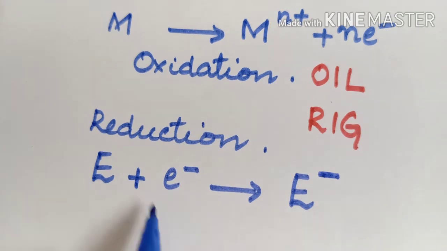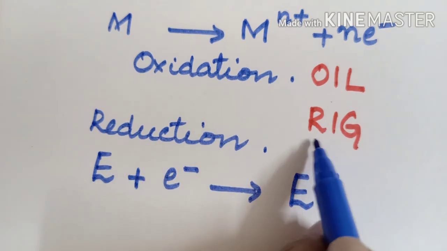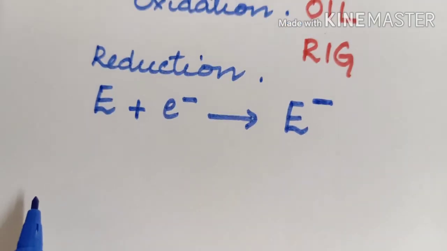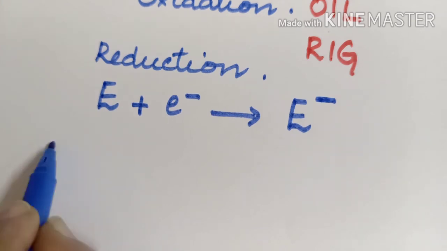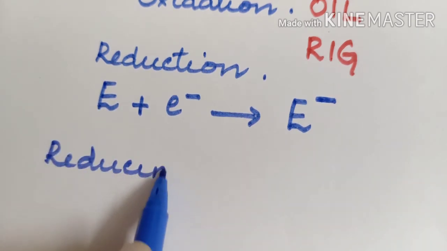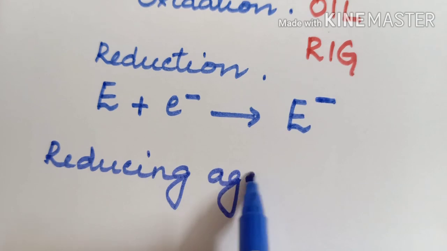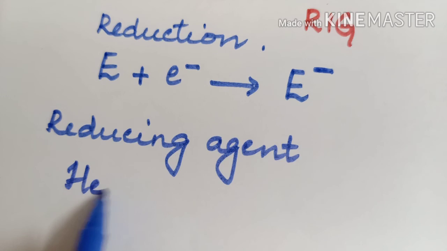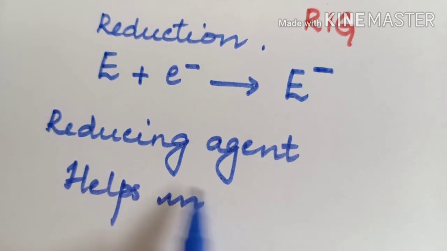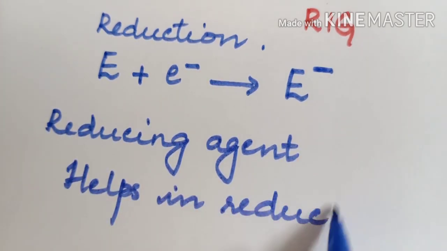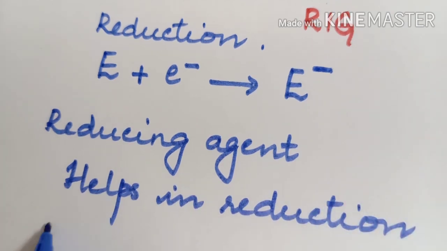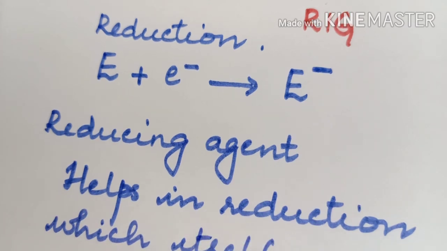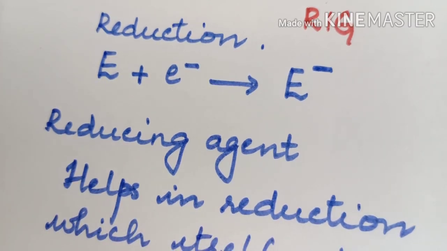So addition of electrons is reduction. So reduction is gain of electrons. Another important point that you have to remember is that a reducing agent is a substance which helps in reduction, which itself gets oxidized.